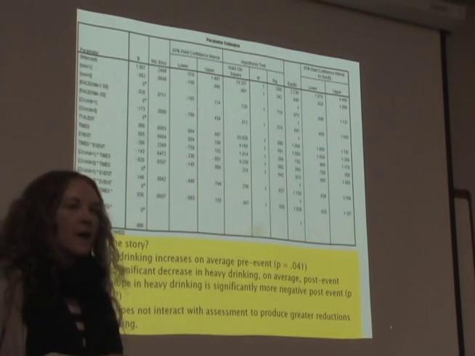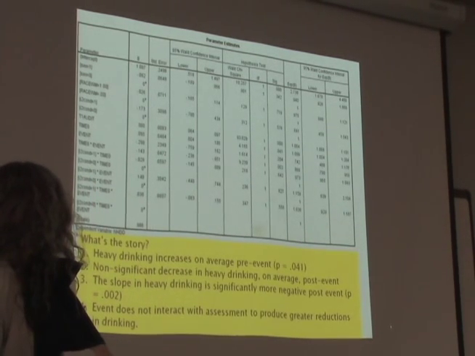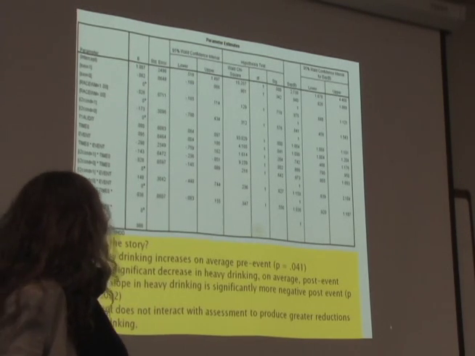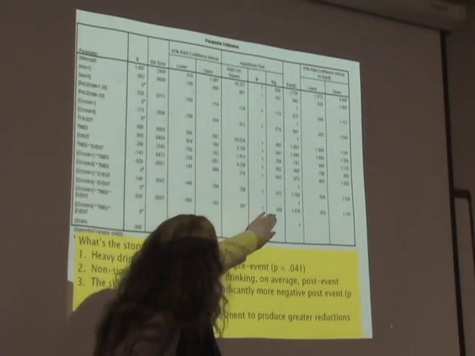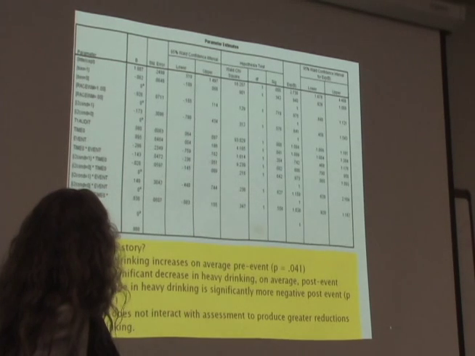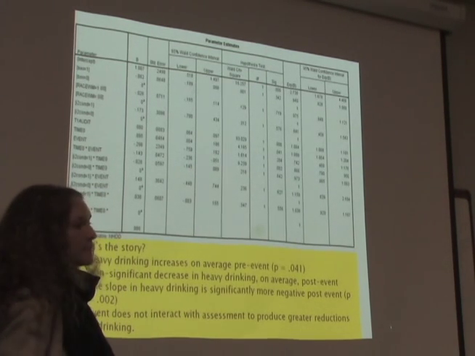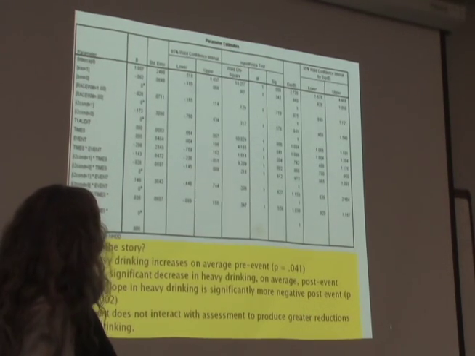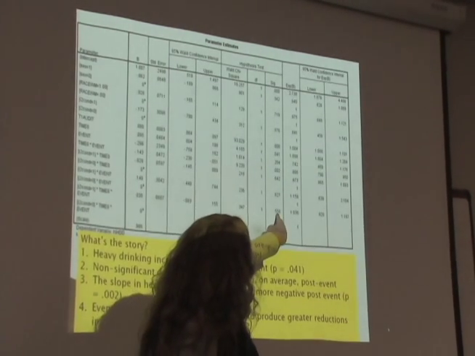And we thought about why that was. Which one's number 4? Condition by time by event. The one that's 0.556. Yes. Okay.